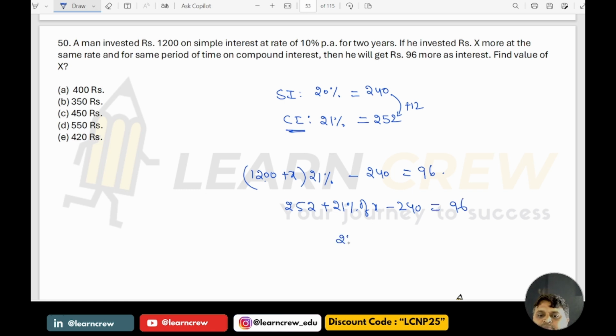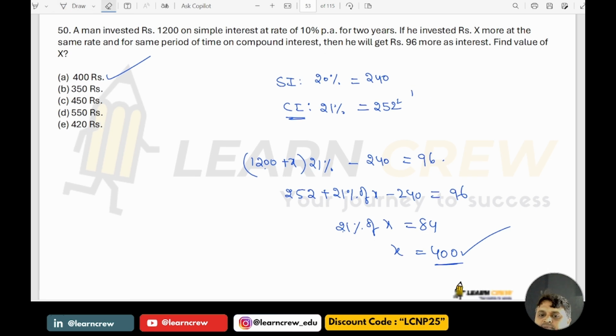So 21% of X would be 252 minus 240, 12, plus 96 minus 12, 84. So 21% is 84. So 100% is 400. So how much does he have to add? 400. So the answer is 400.